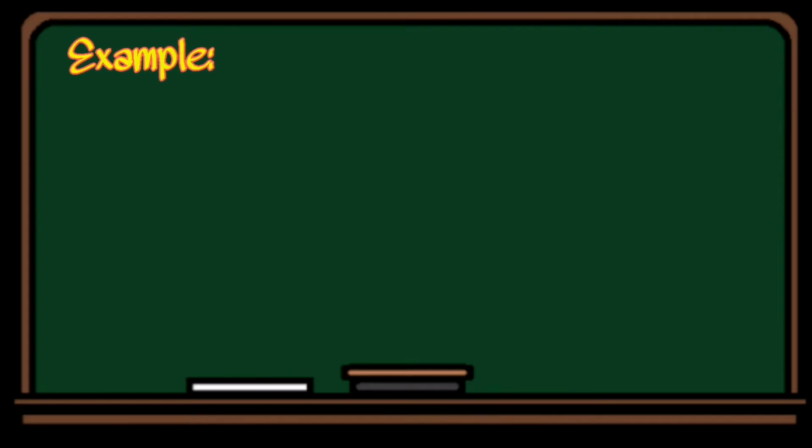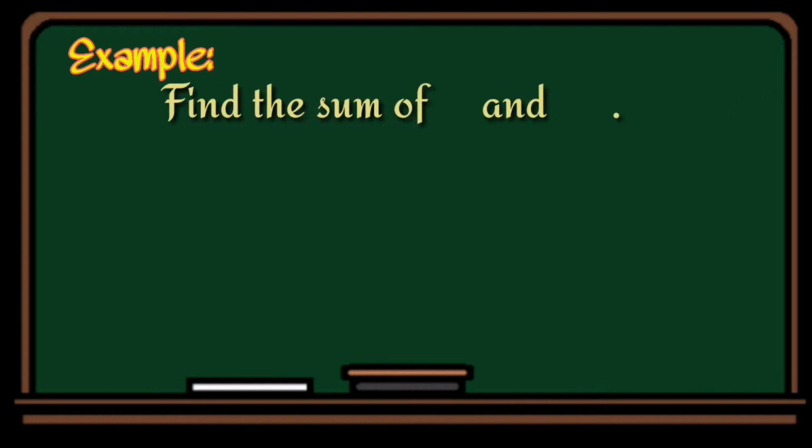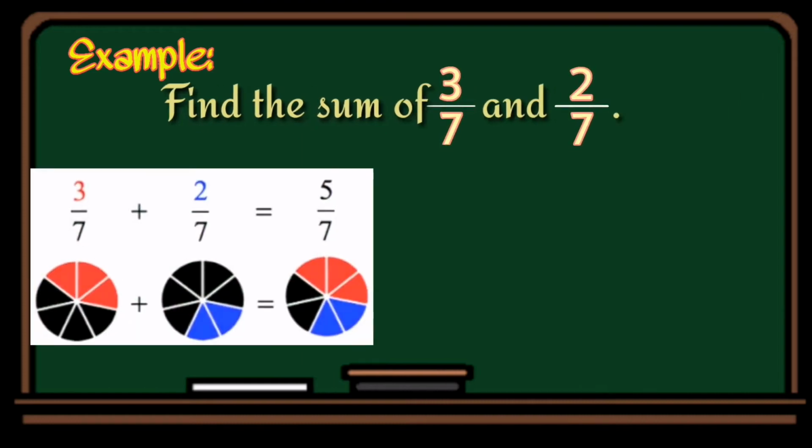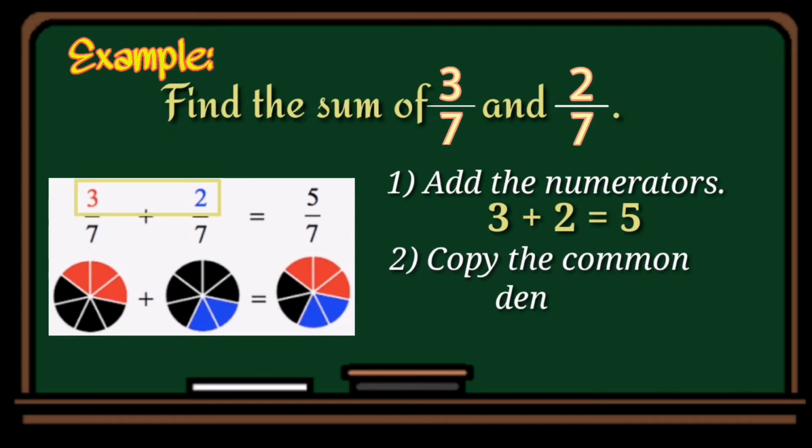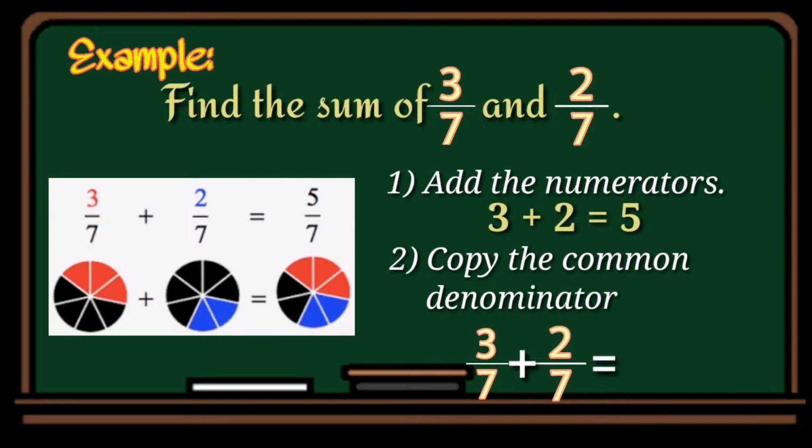For example, find the sum of 3/7 and 2/7. So first we're going to add all the numerators since our fractions are similar. So 3 plus 2 equals 5. And then copy the common denominator, which is 7. So the answer of 3/7 and 2/7 is 5/7.